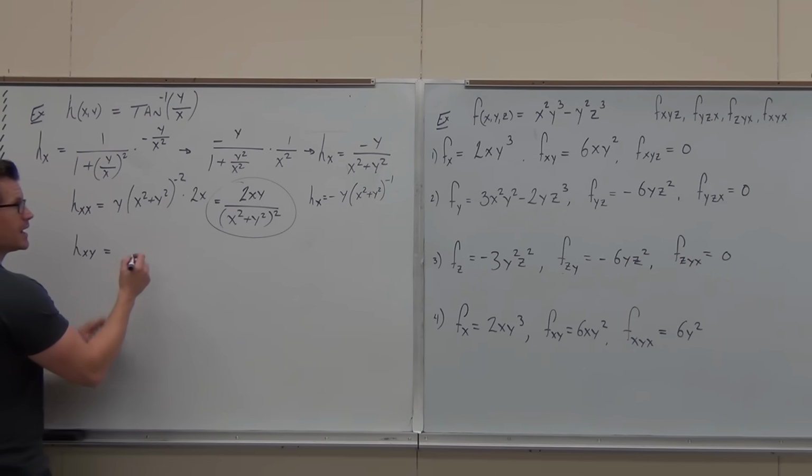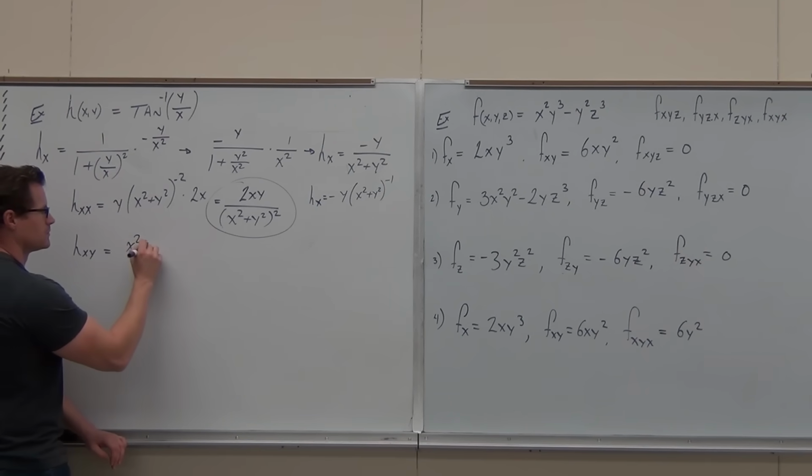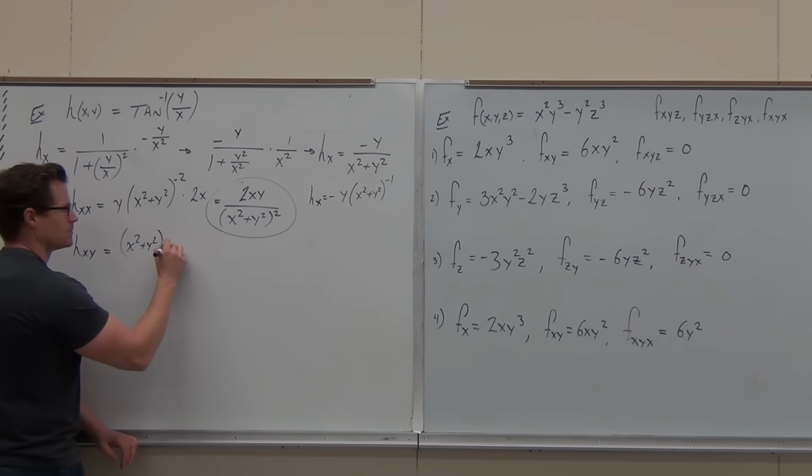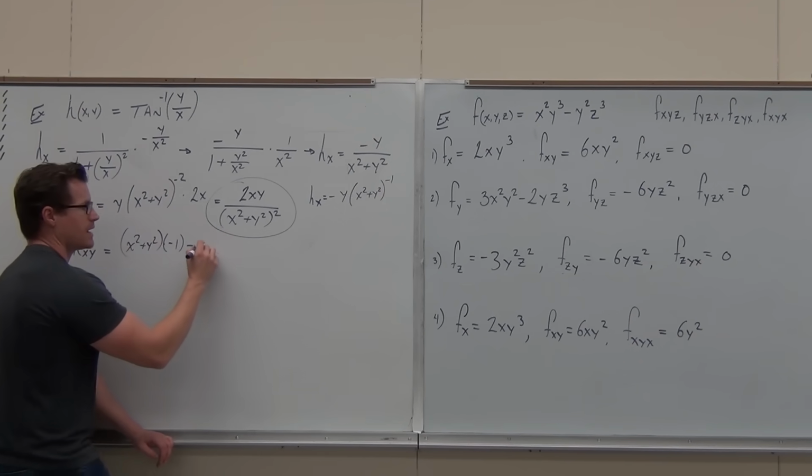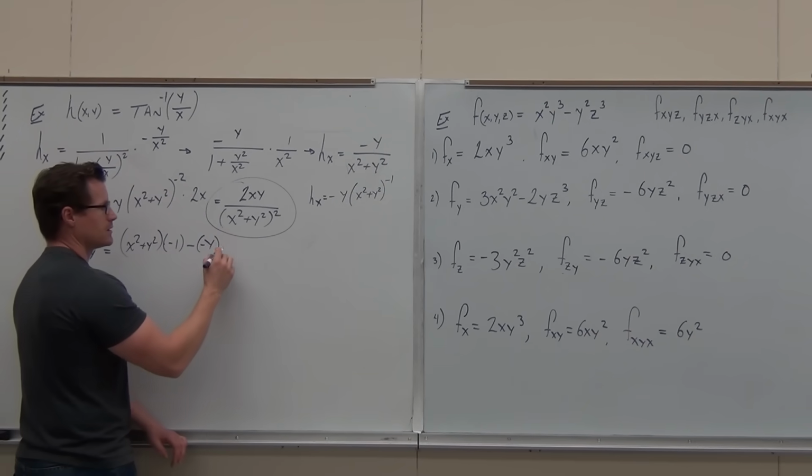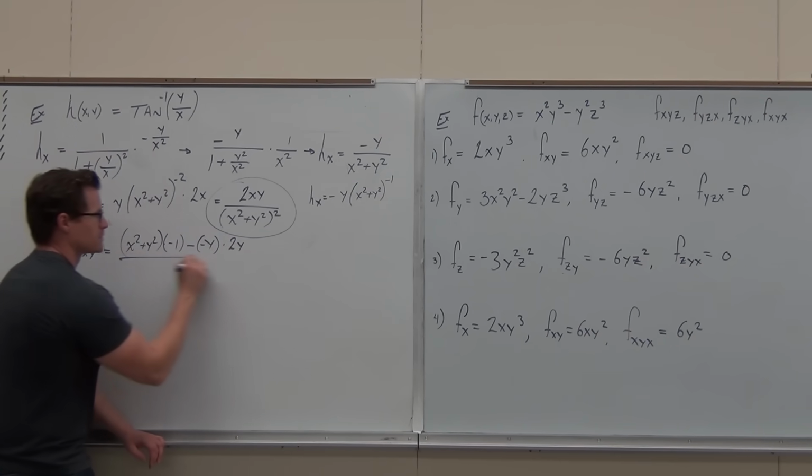So low D high, minus high D low, square the bottom.